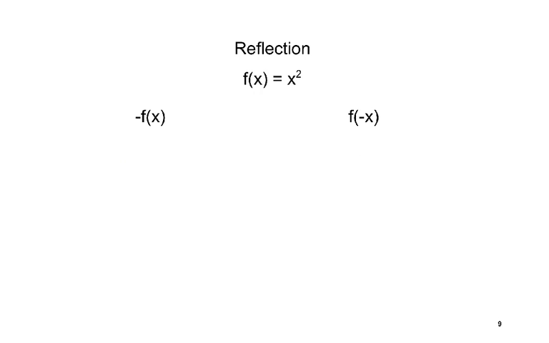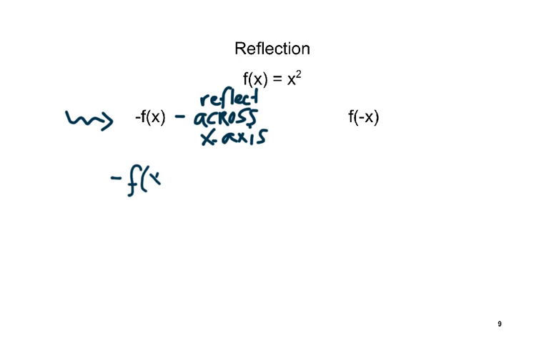So let's talk about this. We have our notation for a reflection across the x-axis. So we are going to take negative f of x. And what does that equal? Well, we just put a negative sign in front of the x squared.